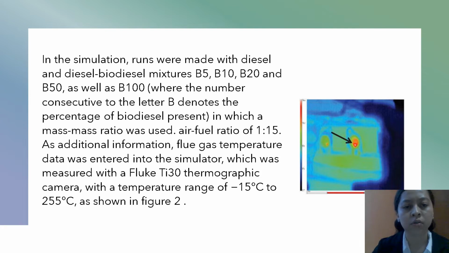In the simulation, runs were made with diesel and diesel-biodiesel mixtures B5, B10, B20, as well as B100, where the number following the letter B denotes the percentage of biodiesel present, in which a mass ratio was used, a fuel ratio of 1 to 14.